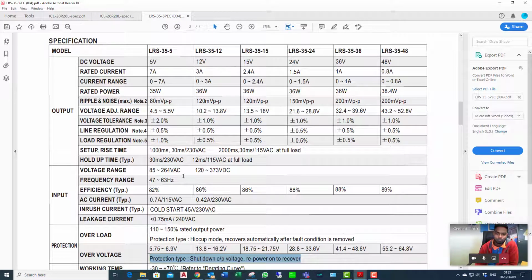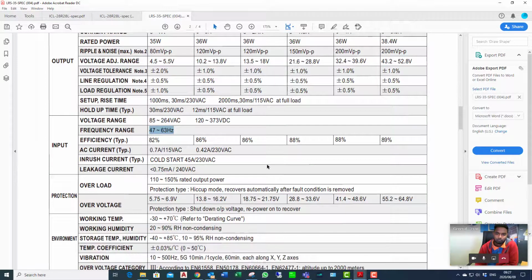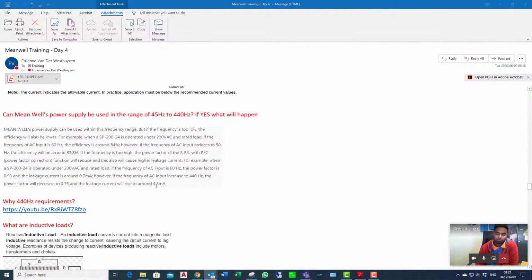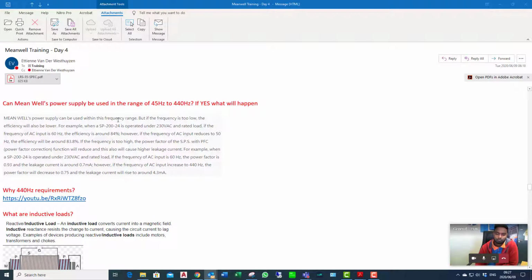You see that? 47 to 63 hertz. That is specifically related to earth leakage. Remember, we spoke about earth leakage, and with medical power supplies, you've got a certain amount of earth leakage that occurs at the frequency that is being supplied. So it can accept it.